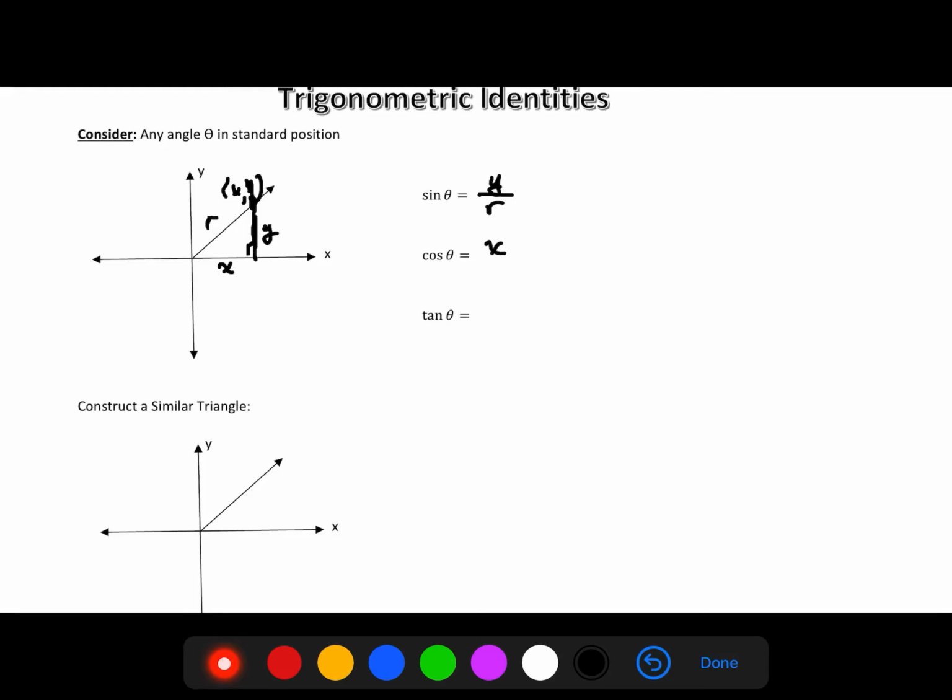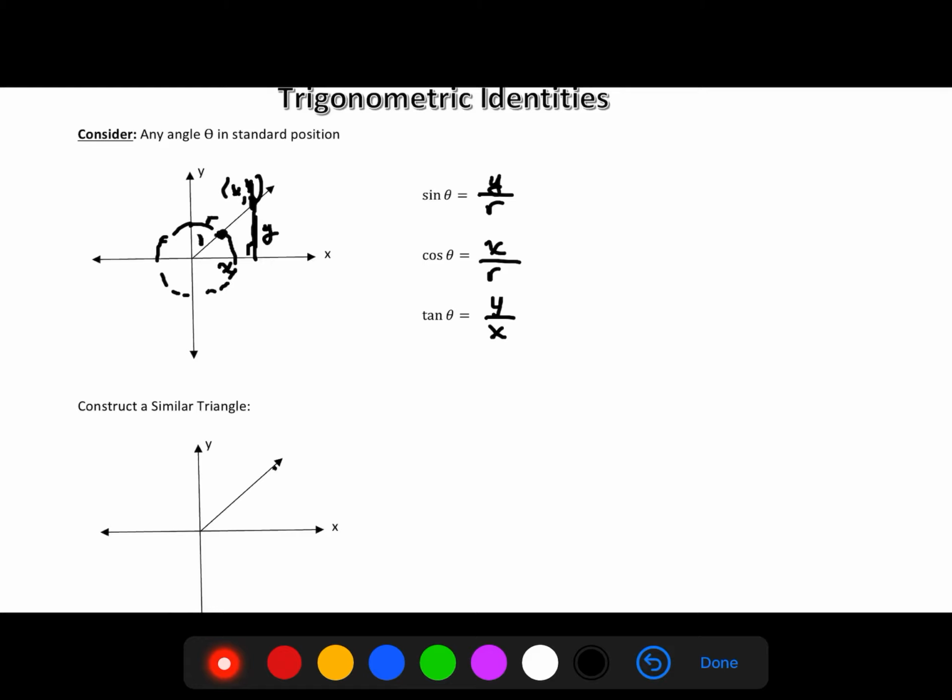And remember, this is our radius and can be calculated: r squared equals x squared plus y squared. Now, we talked about sine theta is equal to y over r, cos theta was equal to x over r, and tan theta is equal to y over x.